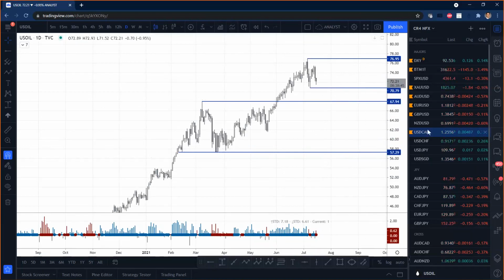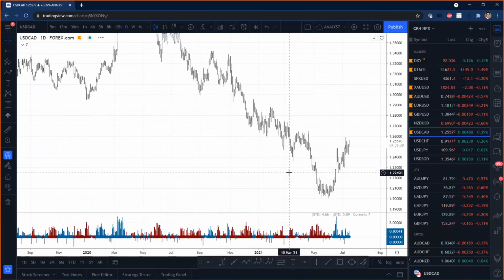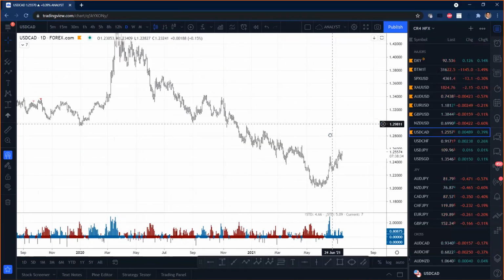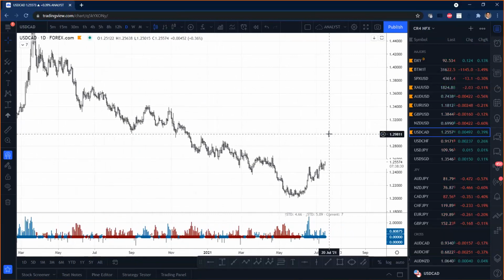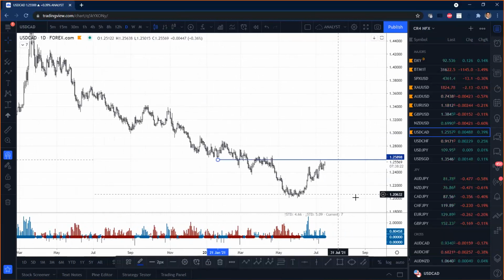Okay, so that's in the context of what's going on with dollar CAD. If we think about what's going on here with dollar CAD, and again, these are high time frames that we're looking at, but for context, in order to understand what's going on, we have this 126 area.